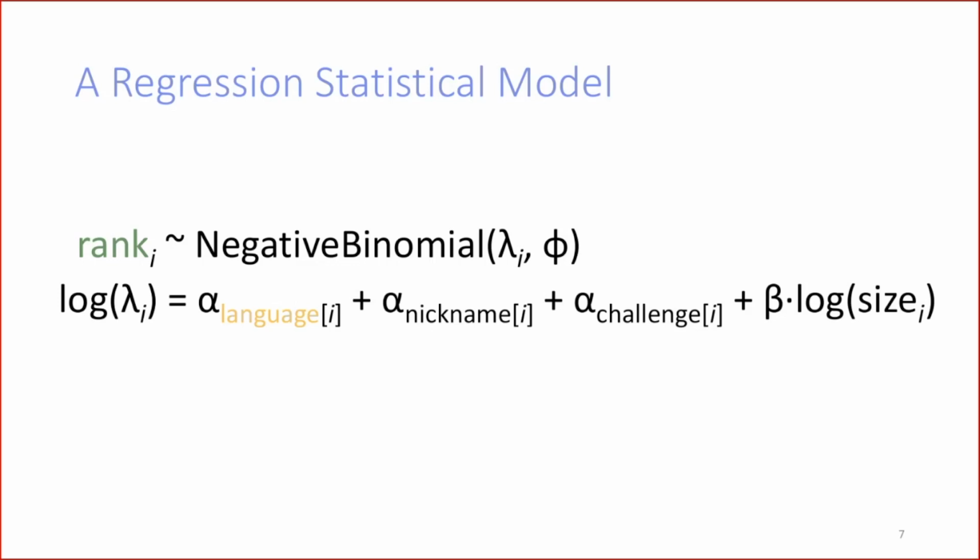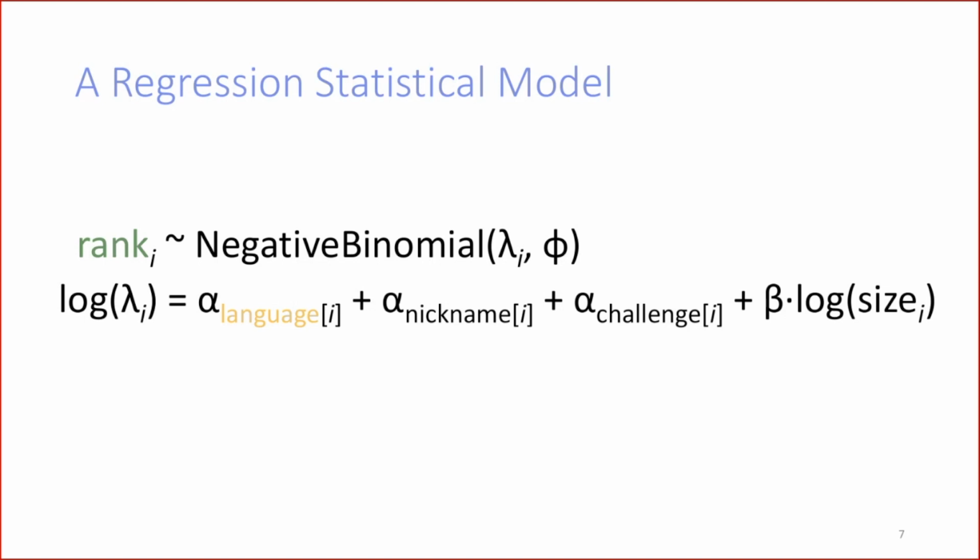Then this is just a linear term that incorporates all of the information that we have about each submission. We have an intercept for the language, an intercept for the identity of each participant, an intercept for the challenge, and then a term proportional to the logarithm of the size. We take the logarithm simply because the size of the submissions changes quite a bit, so we just look at orders of magnitude. This is pretty standard. Again, the details are not super important.